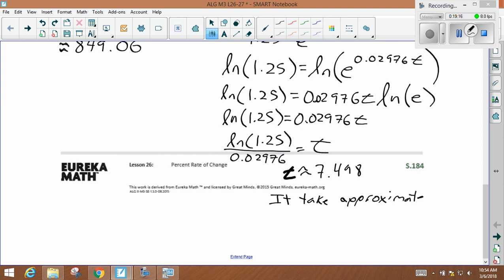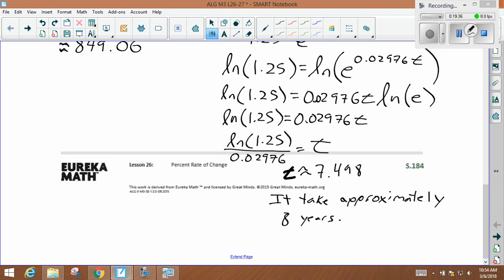You say 7.5 years, or approximately 8 years if you wanted to round, if your compounding continues, right? Okay, well, we are going to go ahead and move on.